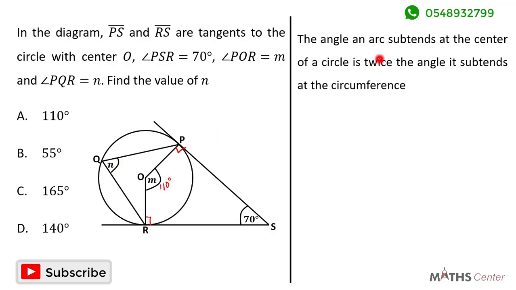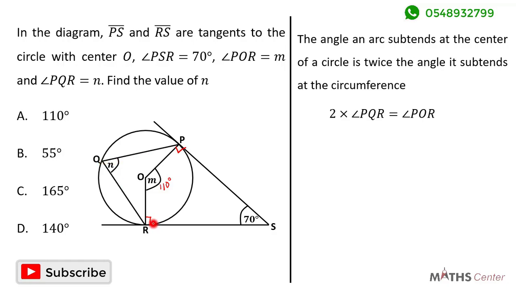The theorem says that 2 times angle PQR is equal to angle POR.